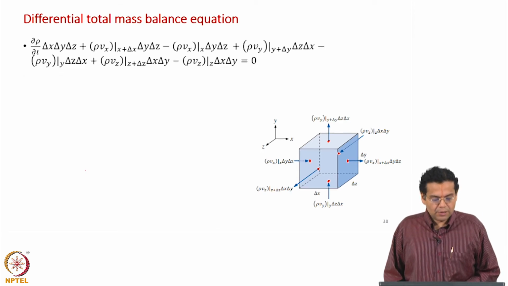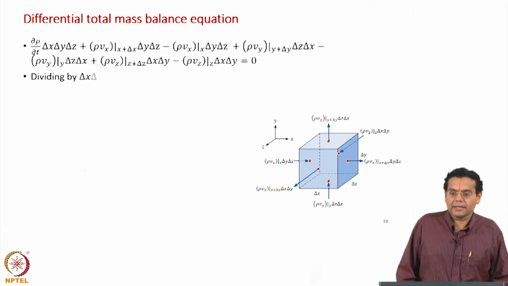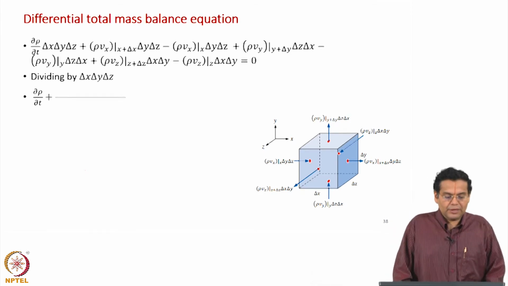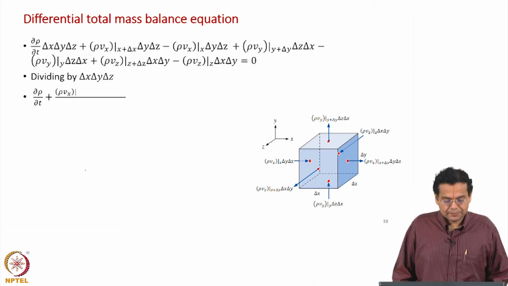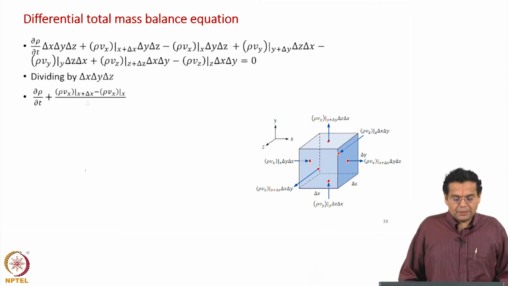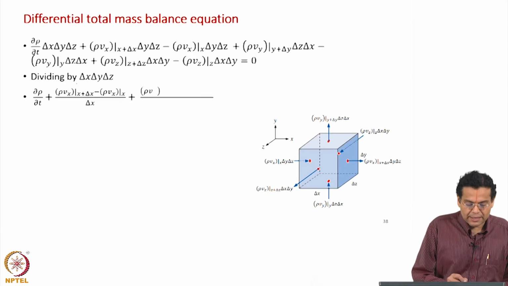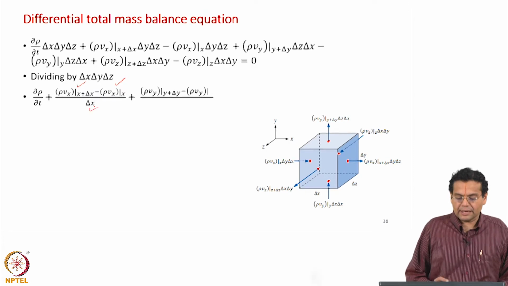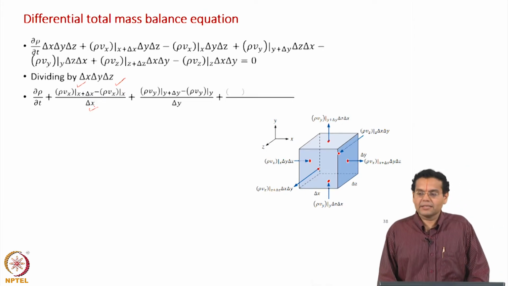Okay, now, what we will do is divide by delta x, delta y, delta z, and this is what we get, dou rho by dou t, and then the next two terms simplify as rho v x at x plus delta x minus rho v x at x divided by delta x. Similarly, for the y direction and z direction.